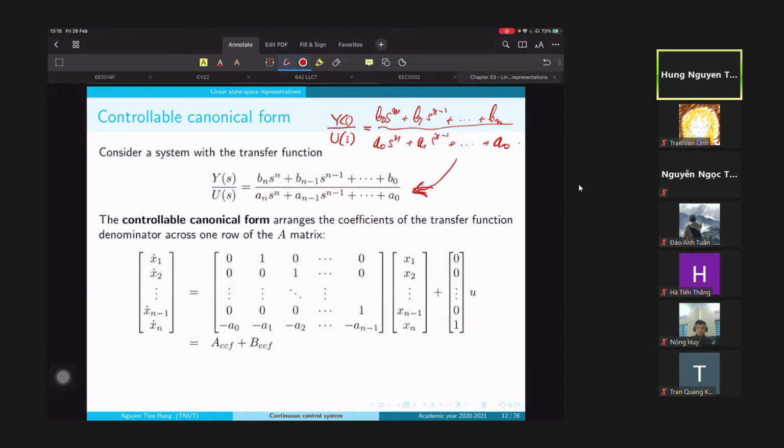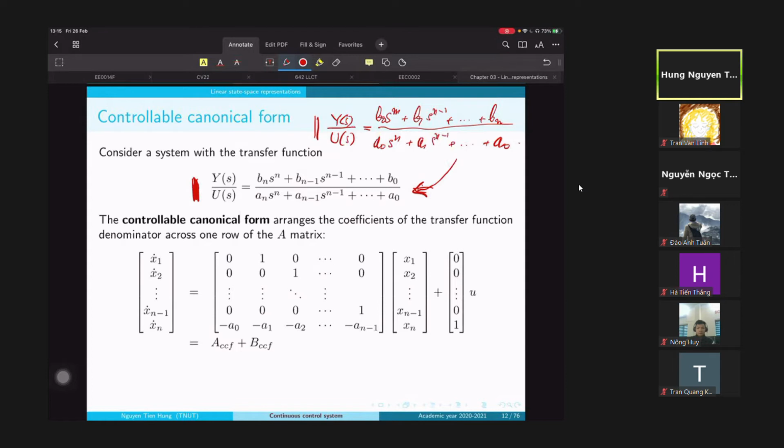The reason for this is that in the first course, in System 1, I came up with this form. So I would like to keep it consistent from course number one, System 1, to System 2. That is the reason I changed the form, but it is just a change of notation, nothing different.